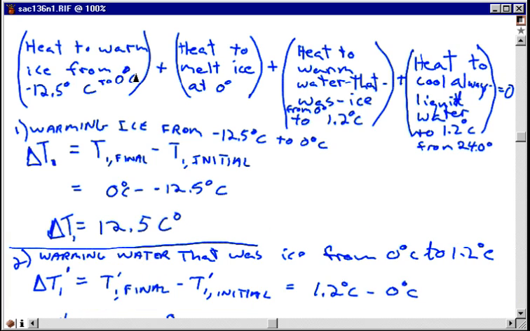So now I go back up to here. The heat to warm the ice is given by the specific heat.